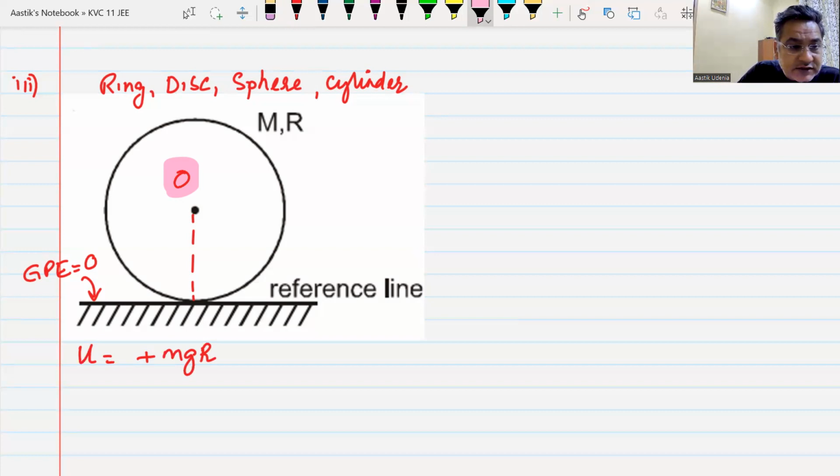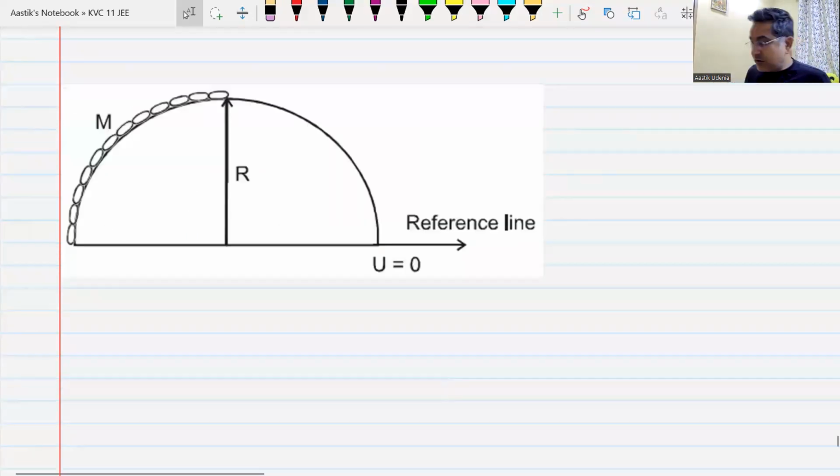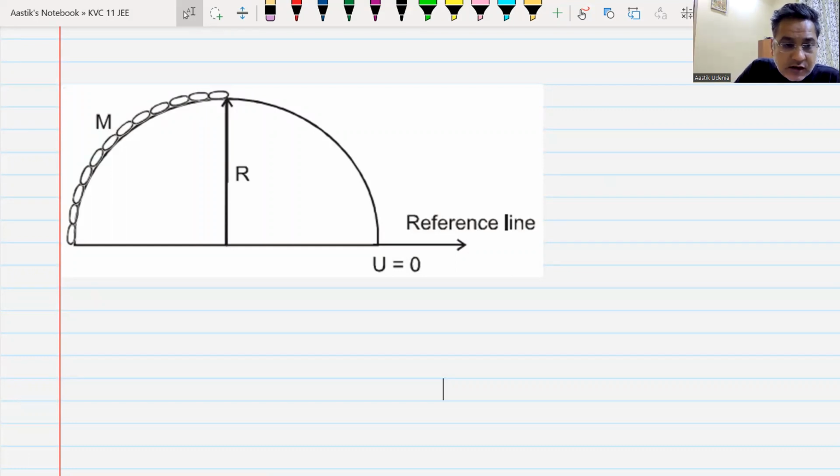One more last, and then we can call it a day. If you have a chain which is put like this on a semicircle, I don't think we will be doing any questions on this, but just for your reference, how do I get the gravitational potential energy? This is case number 4.